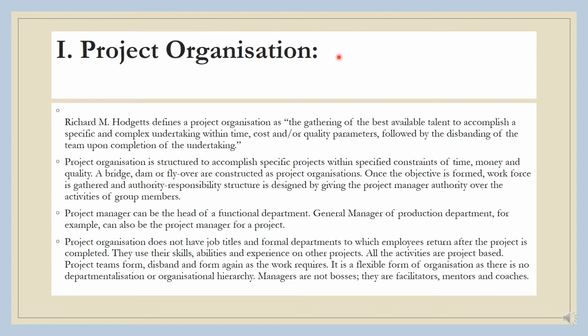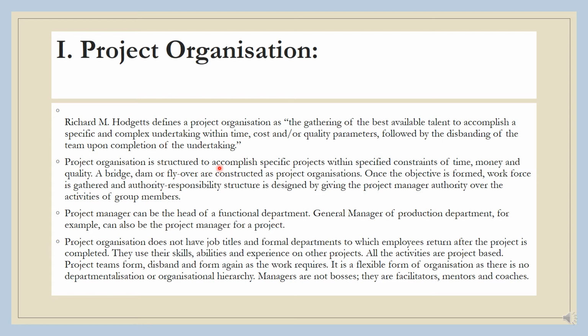Let's come to the project organizations. According to Richard M. Hodgetts, he defines a project organization as the gathering of best available talent to accomplish a specific and complex undertaking within time, cost, and or quality parameters, followed by the disbanding of the team upon completion of the undertaking.